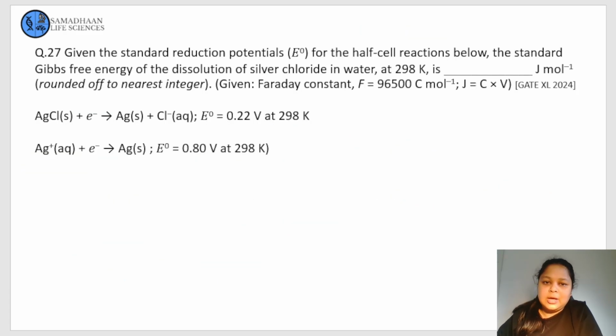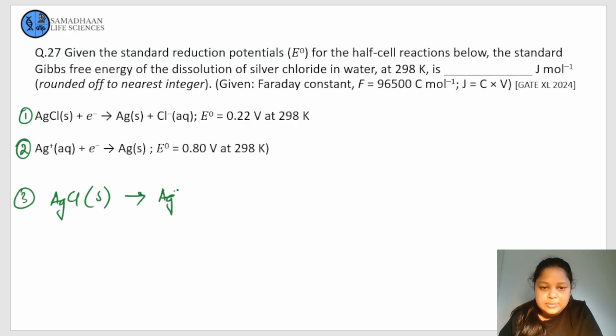Okay. Now for the last problem for today, the standard electrode potentials for two half cells are given here, number 1, number 2, and we have to calculate the standard Gibbs free energy for dissolution of silver chloride. So dissolution of silver chloride is AgCl solid to Ag+ aqueous plus Cl minus aqueous, right?